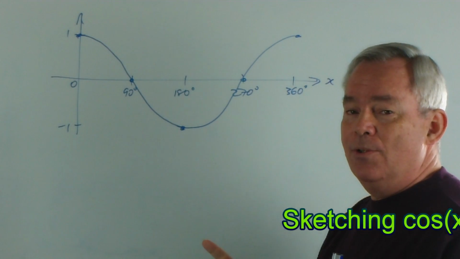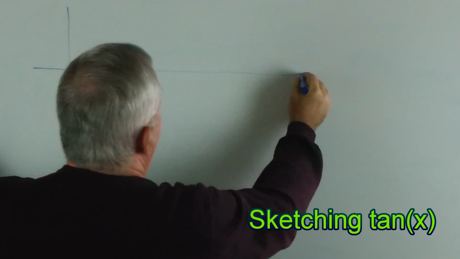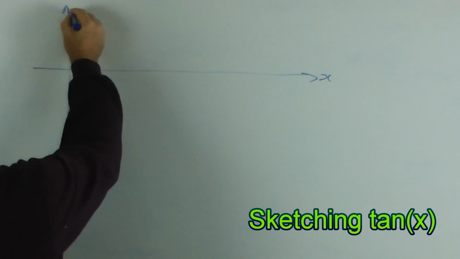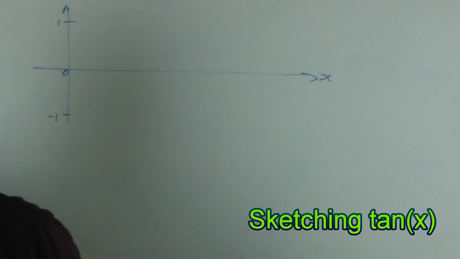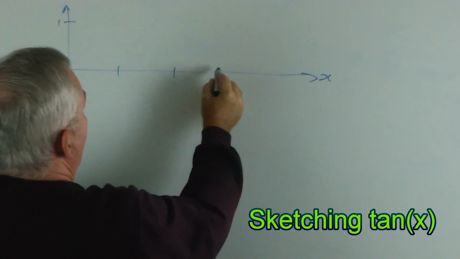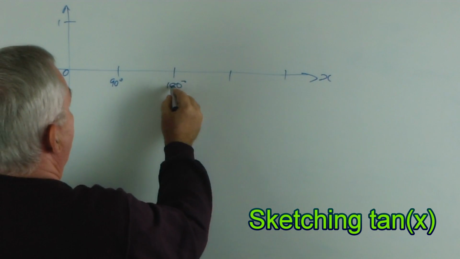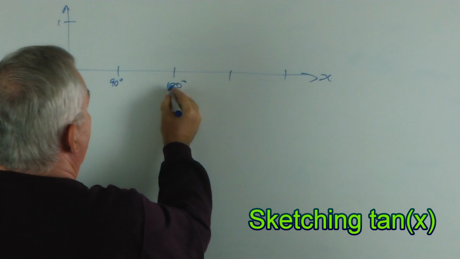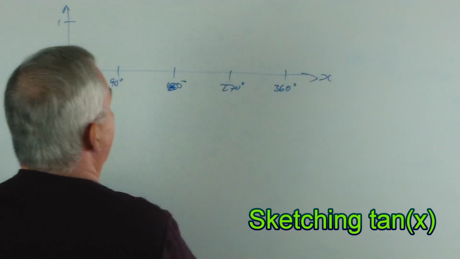Now for the tangent curve. We start off in exactly the same way. 1, 0, -1. Our 4 points, 90 degrees, 180 degrees, 270 degrees, 360 degrees.